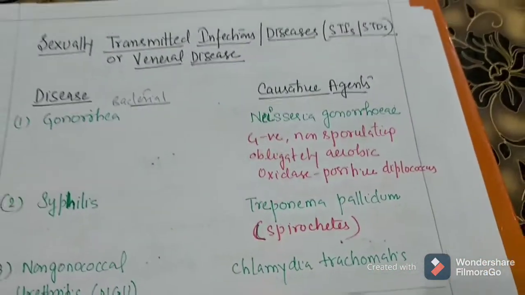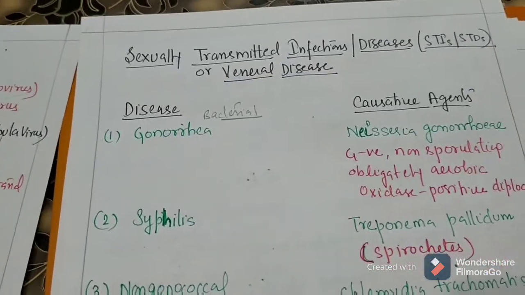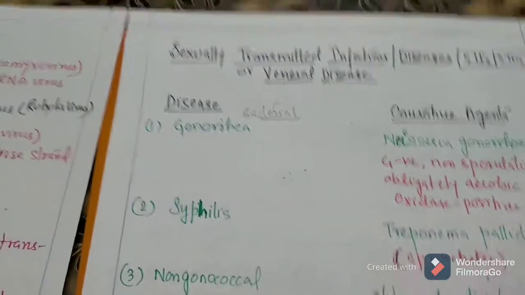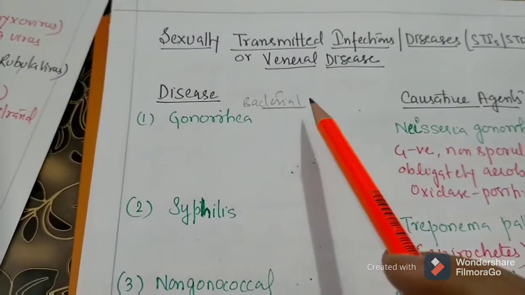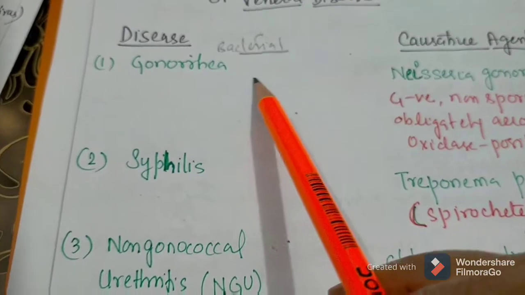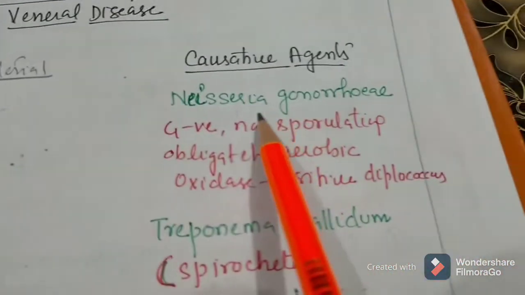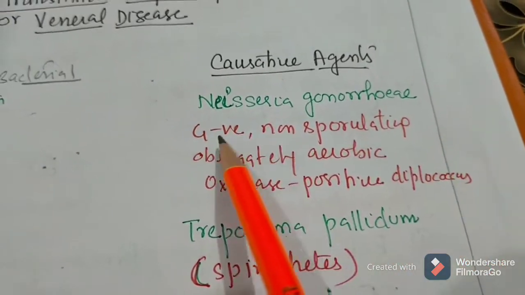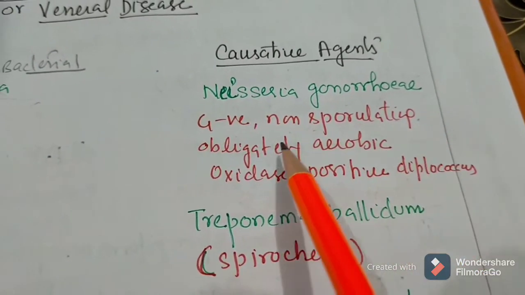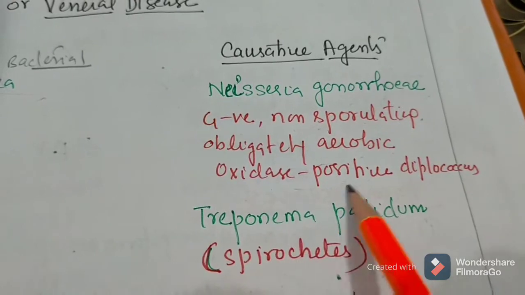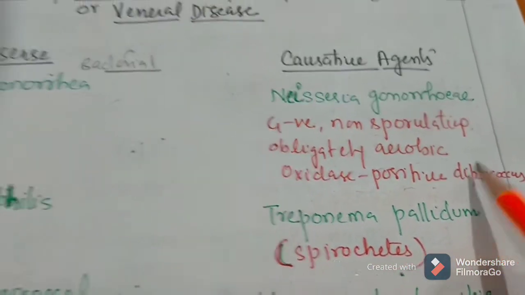Now we'll see some sexually transmitted infections, STDs, which we also call venereal diseases. Among bacterial infections, one is gonorrhea, caused by Neisseria gonorrhoeae. It's a gram-negative, non-sporulating, obligately aerobic, oxidase-positive diplococcus.